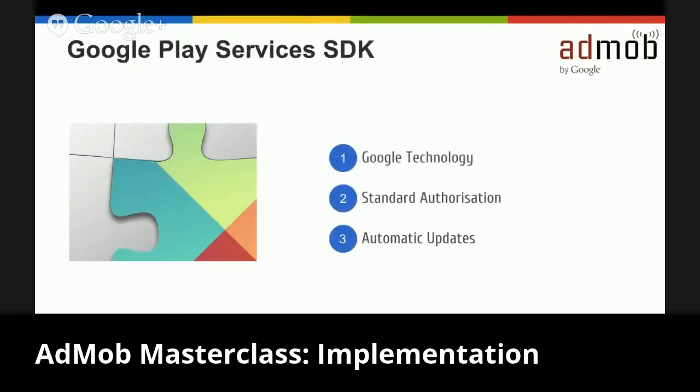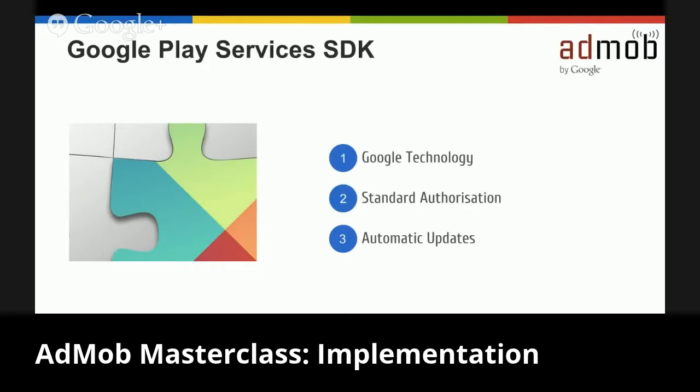But what I wanted to touch on briefly was something that I think is really important that we've got released recently, and that's the new Android SDK. If you're an Android developer, it's really key that you make use of this SDK, as it enables you to make the most out of some features which we're providing you as Google. So with the new Google Play Services SDK, you're going to make use of Google's technology that will really unlock a few things.